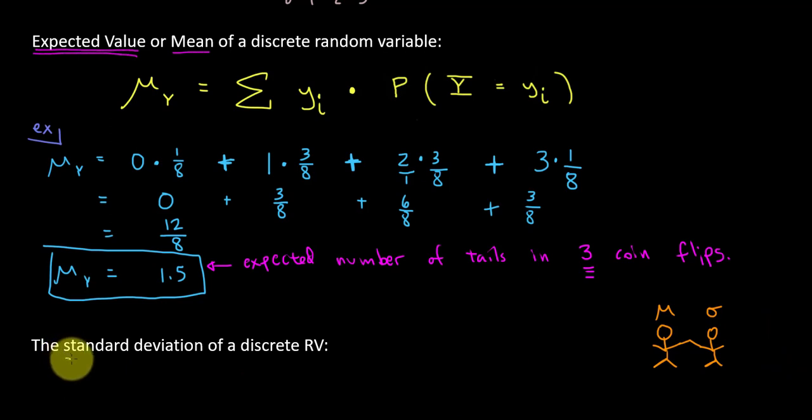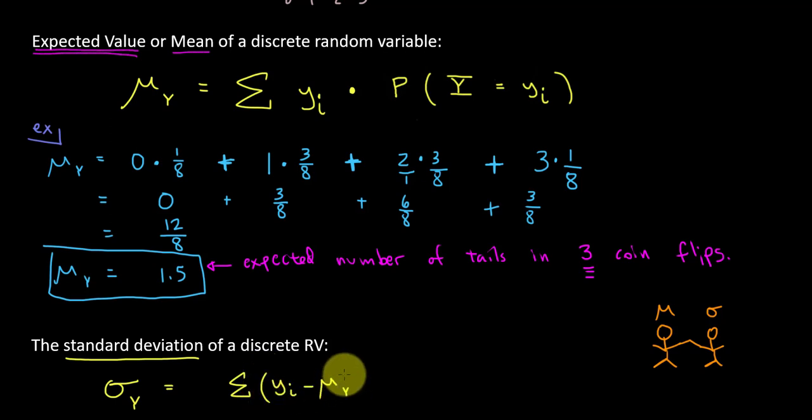Let's talk about the standard deviation of a discrete random variable. It still has the interpretation of being typical distance from the mean. But now we've got this new perspective with probabilities. We add up, take our observations, subtract the mean, standard deviation.